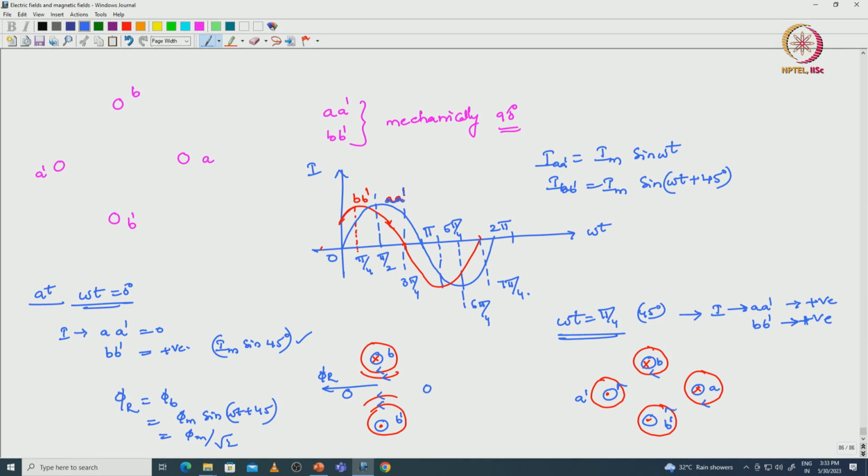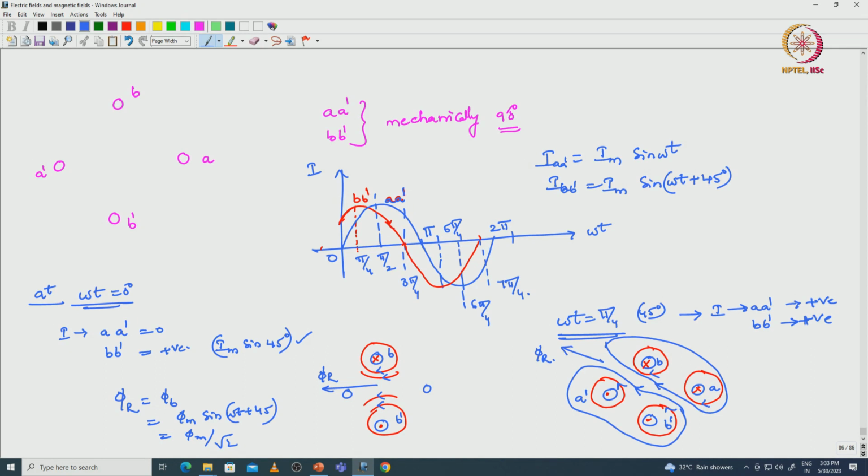So, the resultant flux loop with respect to both dots we can observe like this manner, and with respect to the other two loops also in this manner. So, the resultant vector phi r is in this direction.